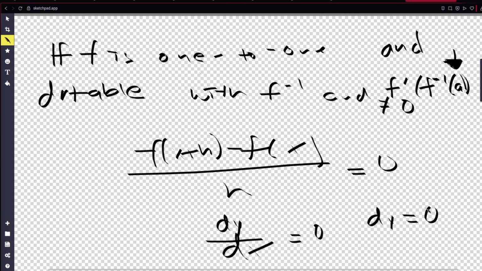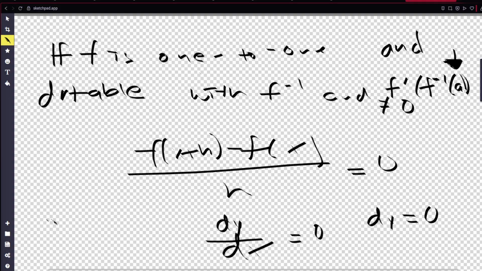And remember, again, delta y can't be equal to 0, because an inverse function has to be one-to-one. If dy is equal to 0, then that means the initial and final position are the same. And again, that can't be the case with inverse functions because they're one-to-one.